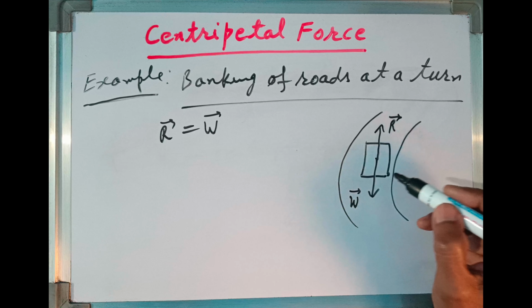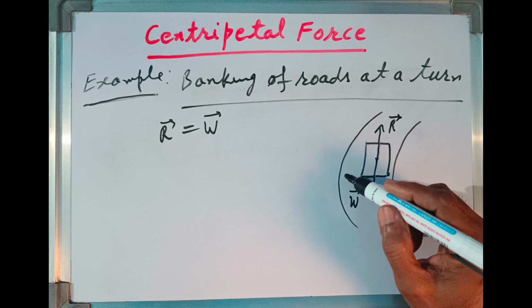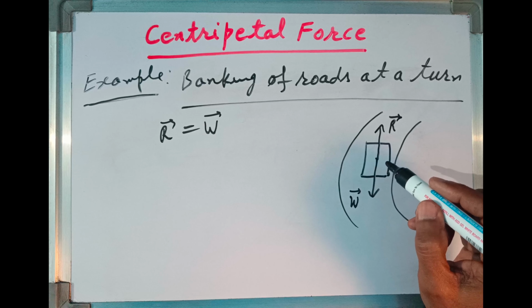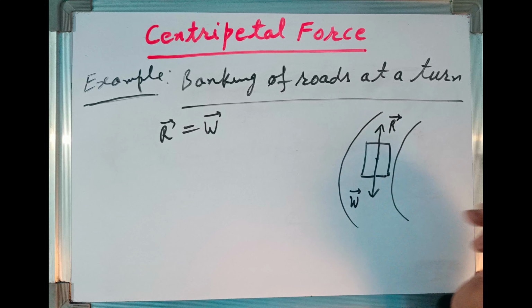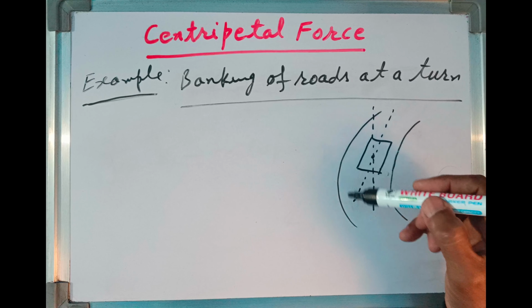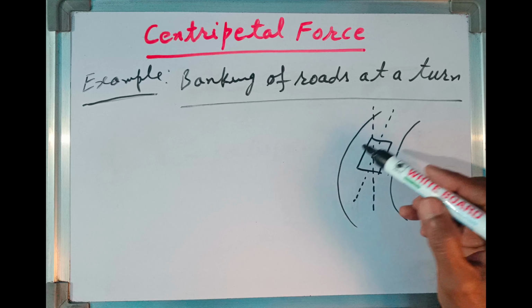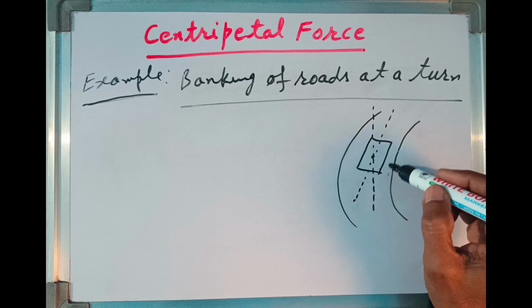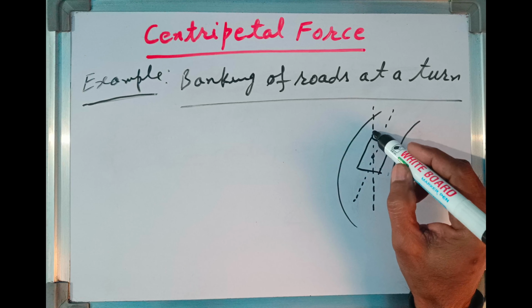Now we shall understand when the outer edge is a little raised above, how it helps in providing centripetal force. If the outer edge of the road is a little raised through some angle, then the vehicle will also be tilted through that angle.